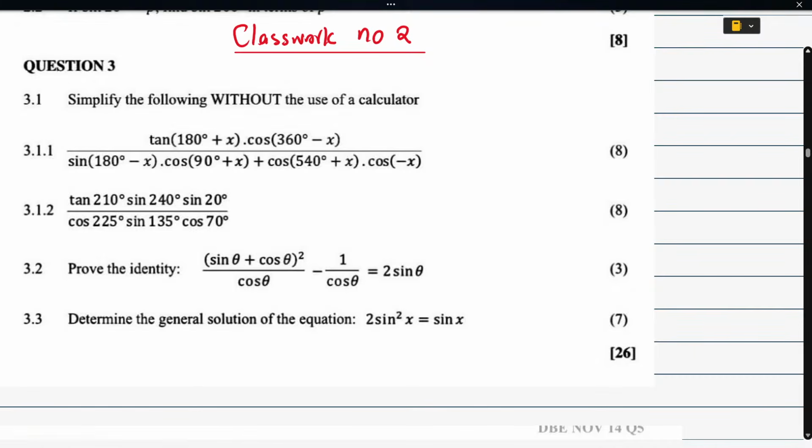So this one is roughly 1, 2, 3. Let me say 20 minutes. I'm giving you only 20 minutes. At 20 past 7, we are going to be doing correction. Are you scared? You can indicate to me if you feel like this is difficult.